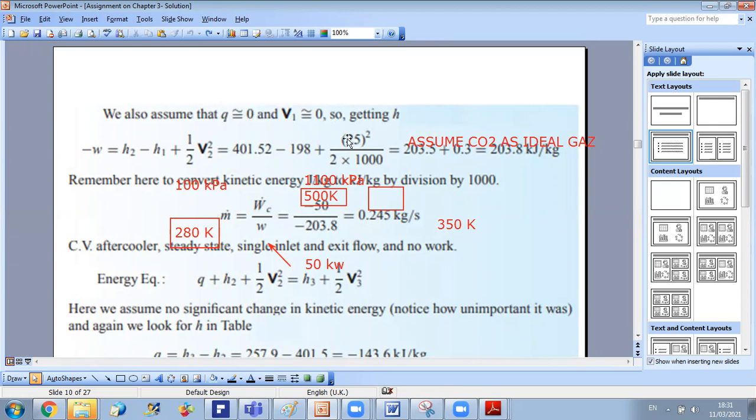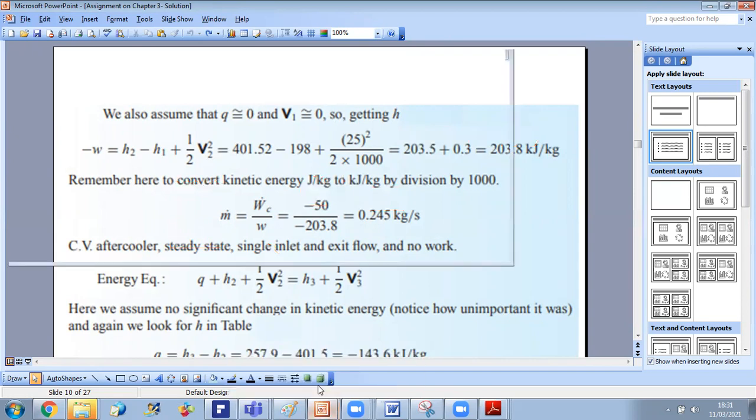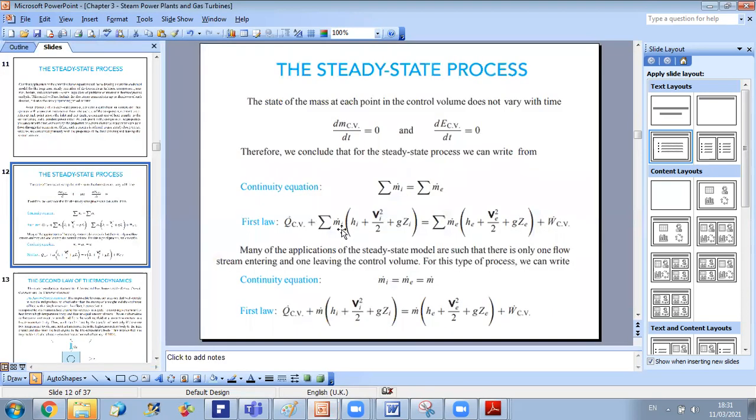What you will find is m dot, the flow rate. Because if you look at the energy equation, you have m dot. So here you have all properties except m dot. You have the work rate in kilowatt. Whenever I give you W in kilowatt, it is m dot times small w. So what is the unit of small w?